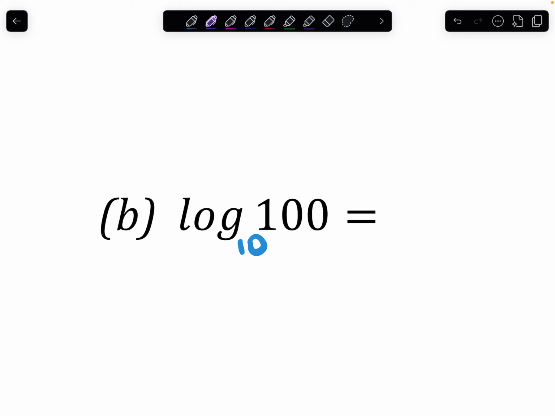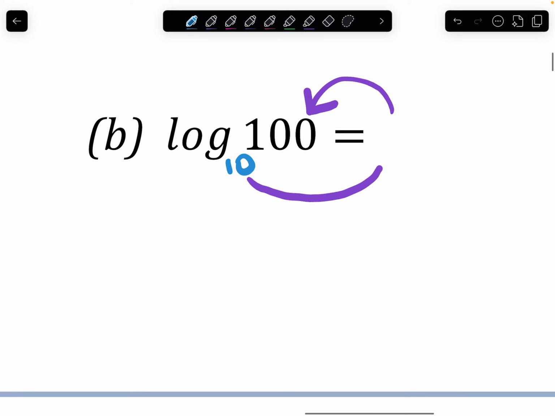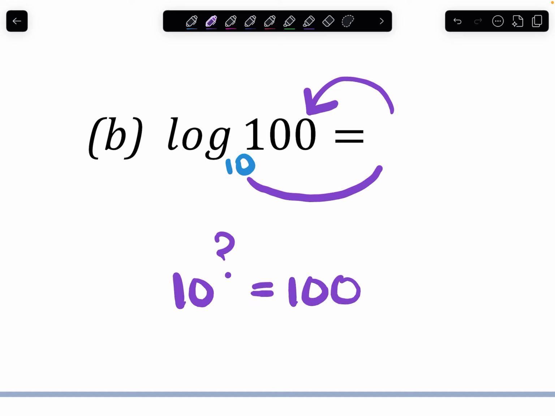So we've got our base down: 10 to some power has to give us 100. So 10 to what power is 100? Mathematically, that would be 10 to what power equals 100. Well, what power is it? 10 squared, so the answer is 2.